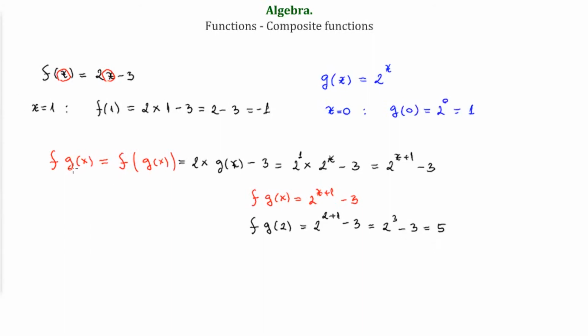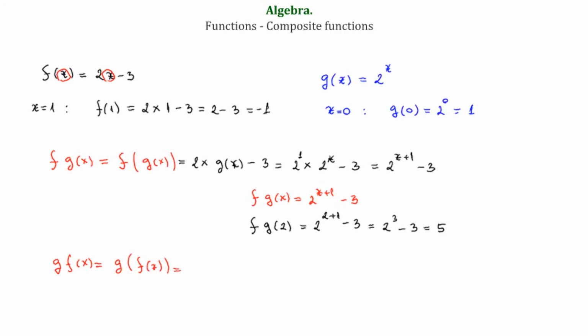What if we did not have f of g of x, but we had the composite g of f of x? Would we have obtained the same thing? Well, g of f of x means g, and we replace the variable x with the function f of x.